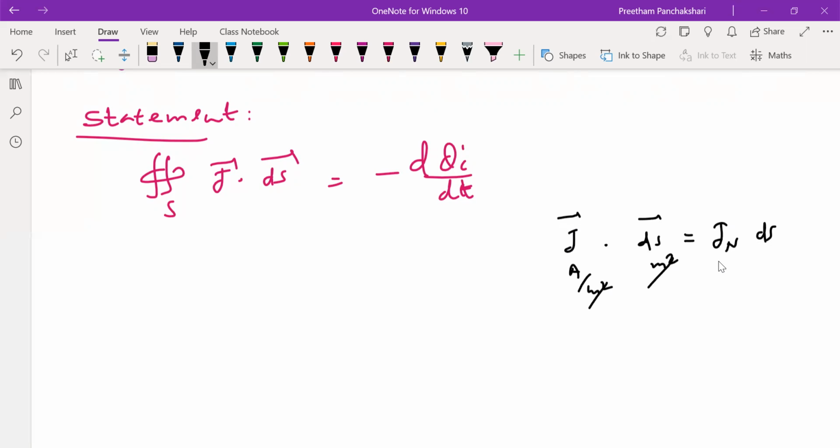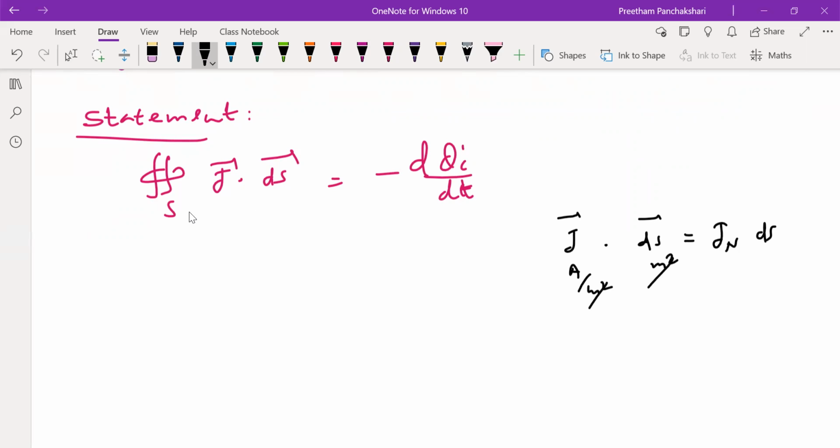Jn stands for normal component. If the current has to pass through the surface, it has to pass normally. The tangential, parallel flow of current to the surface will not pass through the surface. So J dot ds can be declared as normal component of current flowing through the surface.